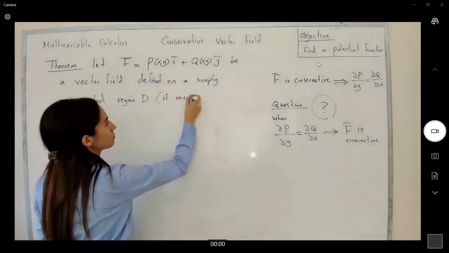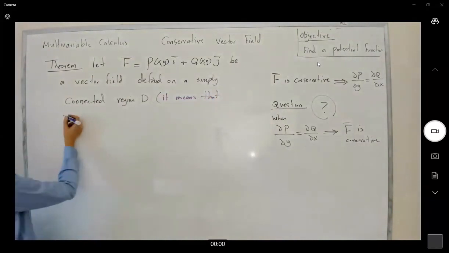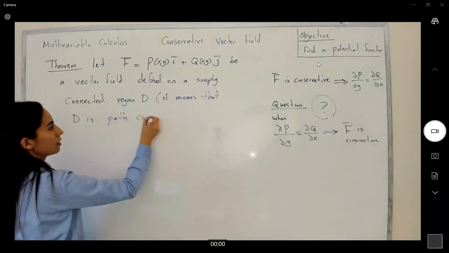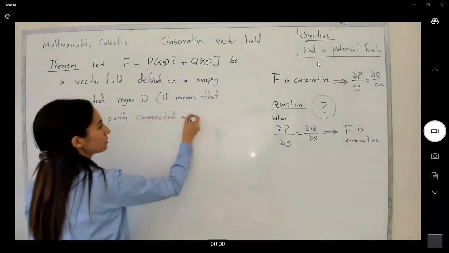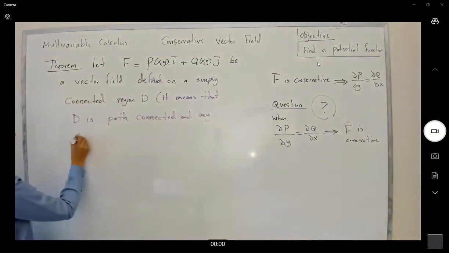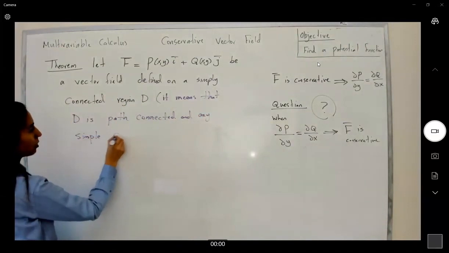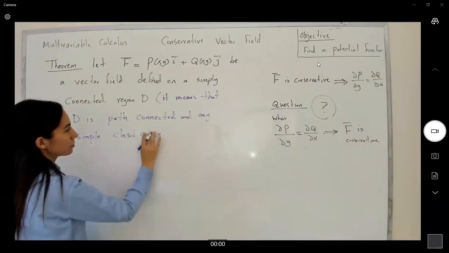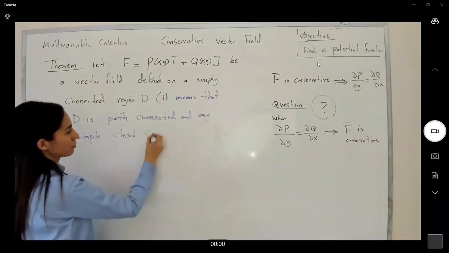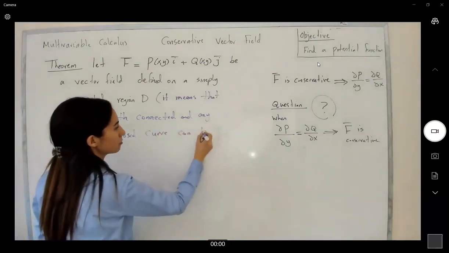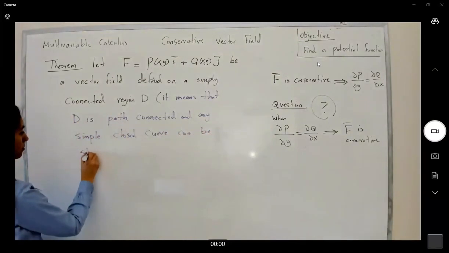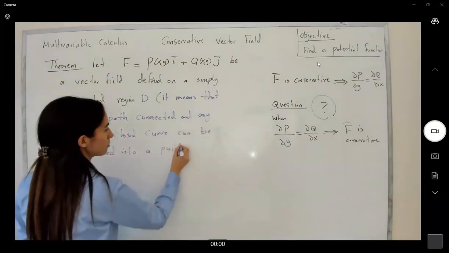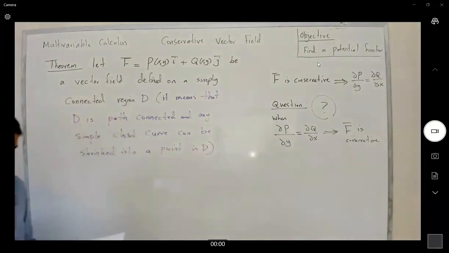It means that this region D is connected and any simple closed curve can be shrunk into a point in D. That's the meaning of that.